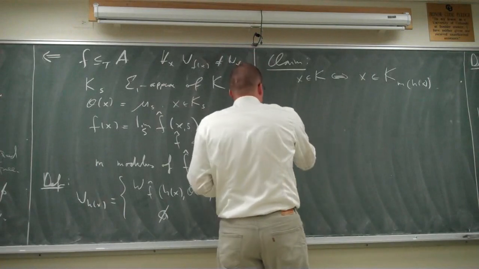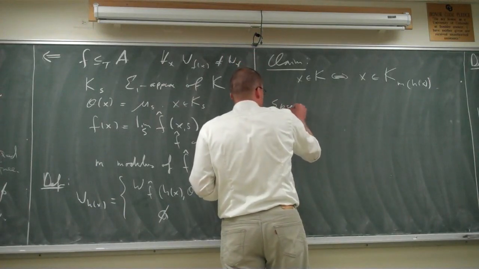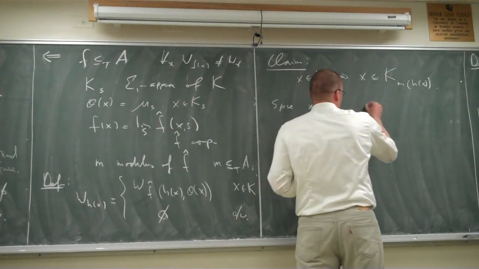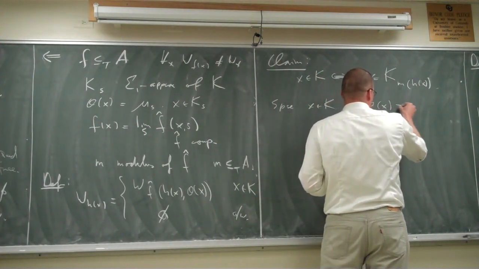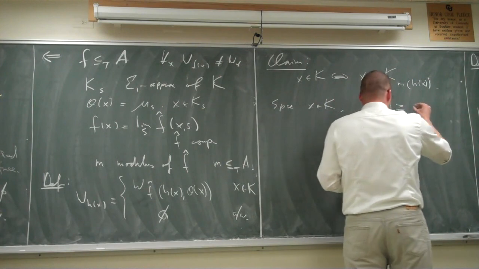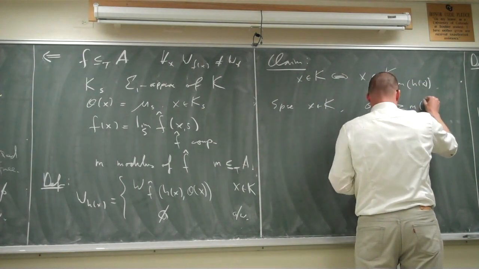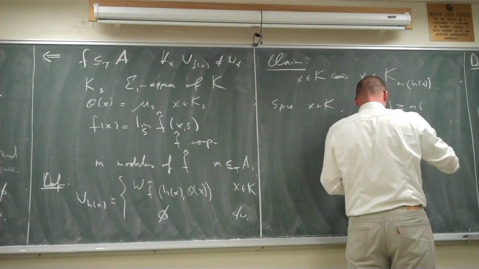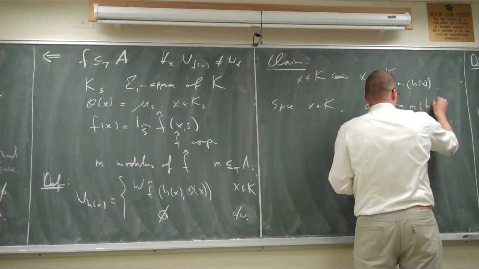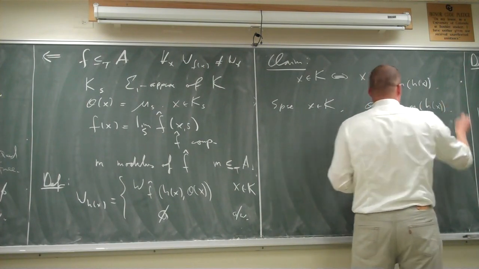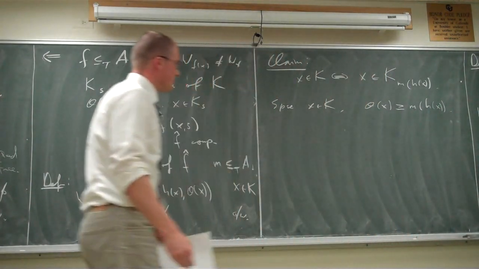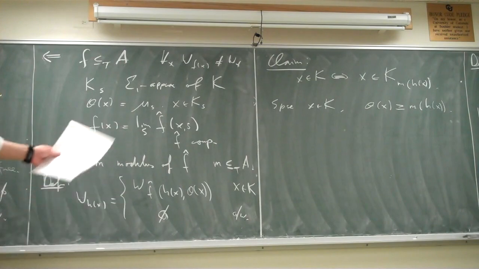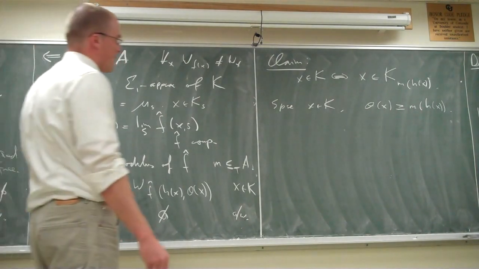Okay, so suppose x is in K and theta(x) is greater or equal to m(h(x)). Suppose towards a contradiction that this happens, that theta is bigger.